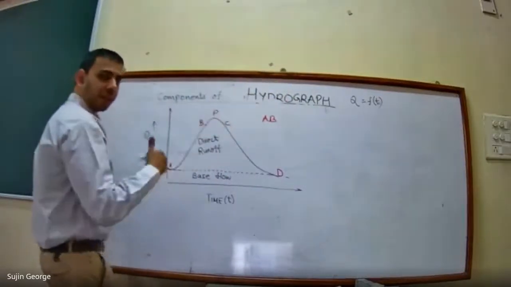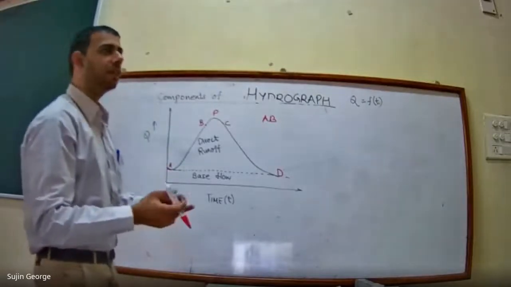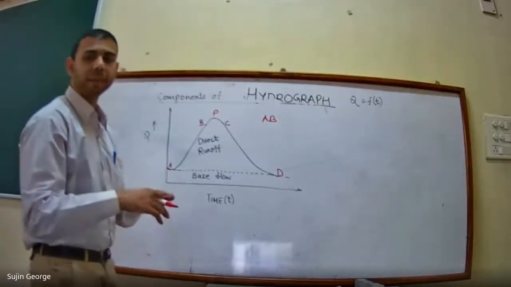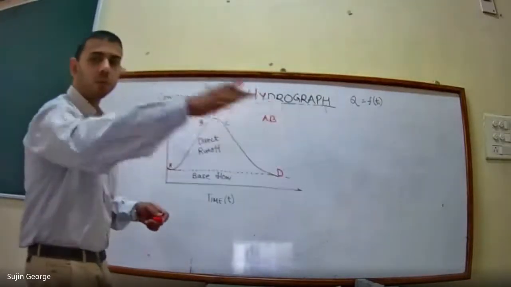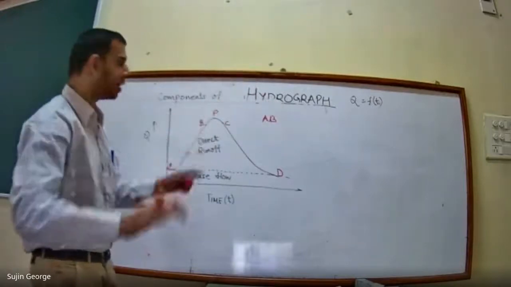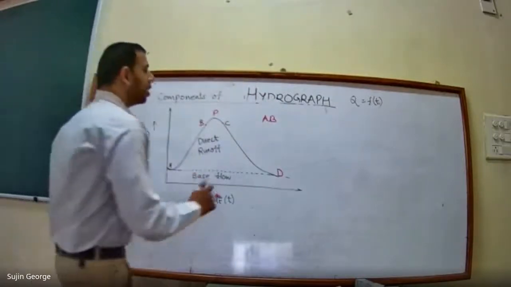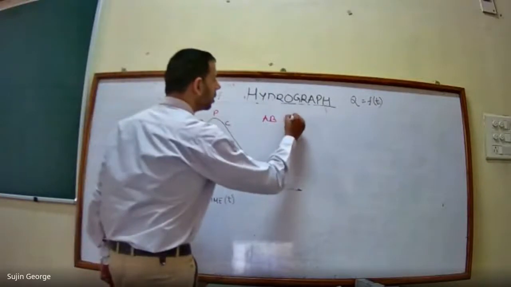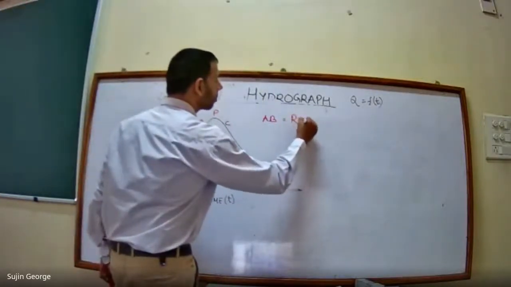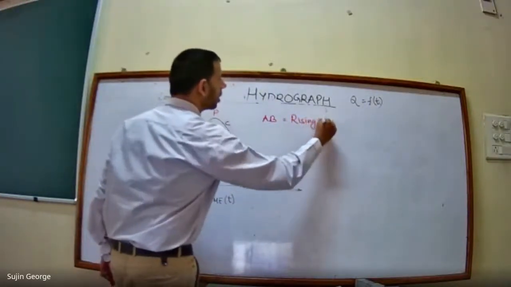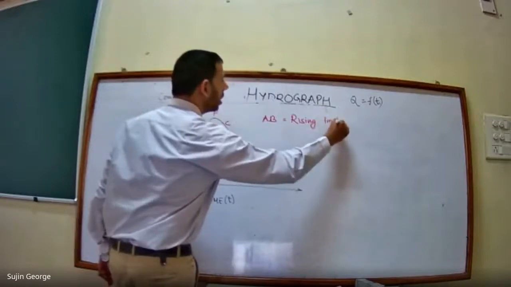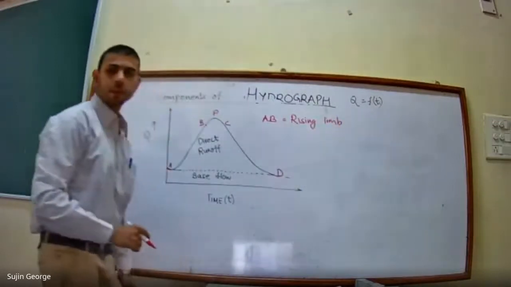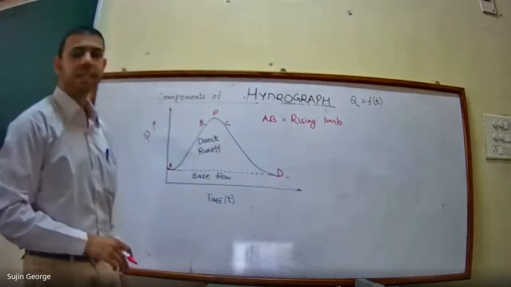Even when rainfall has stopped, water will start to flow on the surface. That is called direct runoff. So AB is denoted as the rising limb.